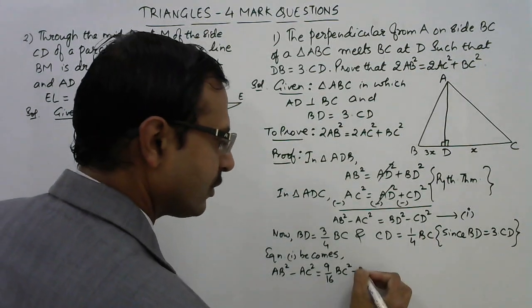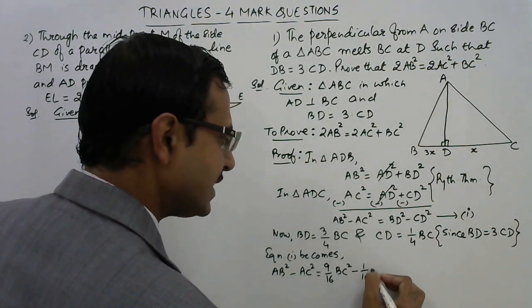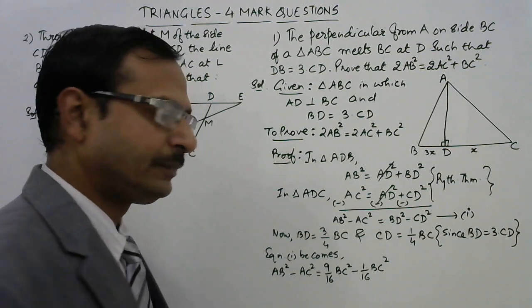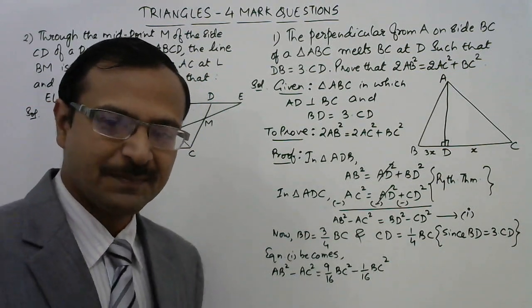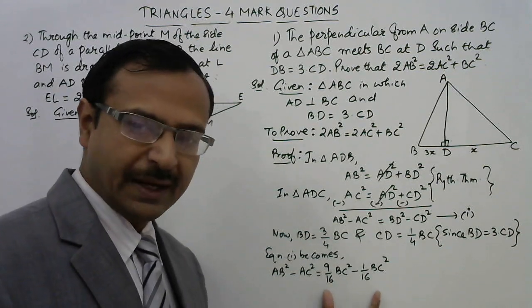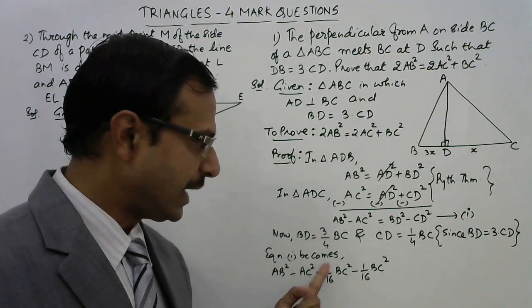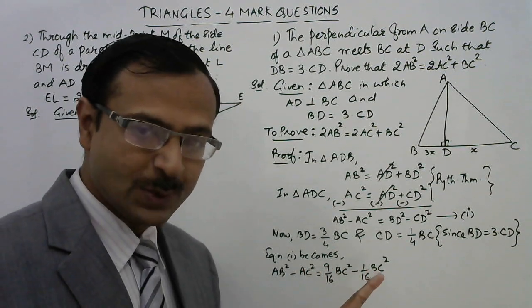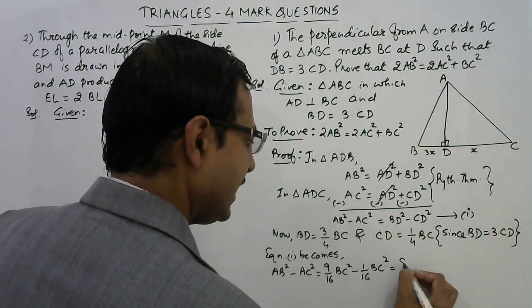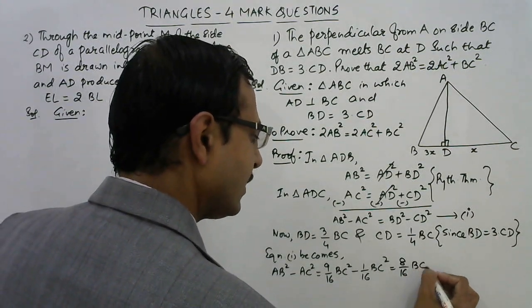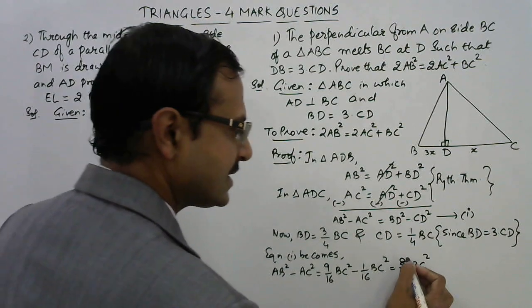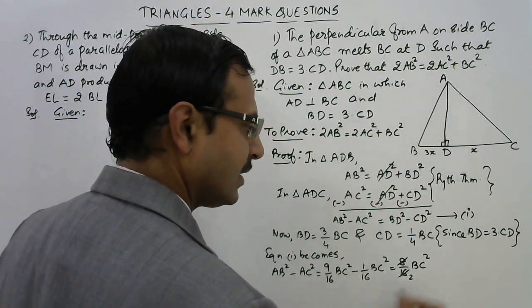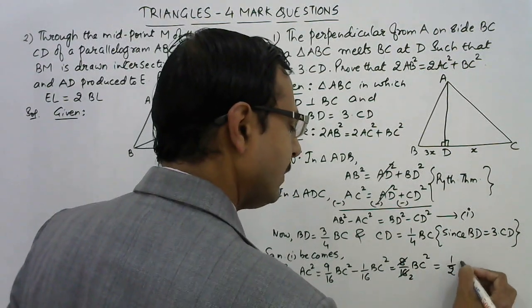CD is 1/4 of BC. So if you square that, 1/16 BC square, and just subtract these. They are like terms now, and they have a common denominator. So 9 minus 1 is 8. So 8/16 BC square. And if you cancel this 8 and 16, this will be 1/2 BC square.